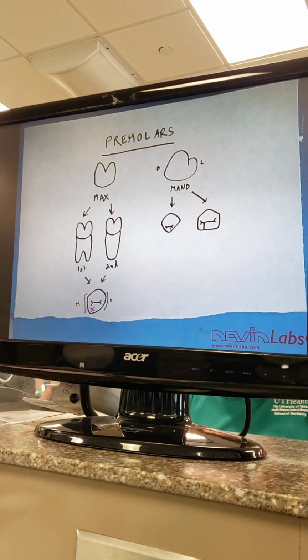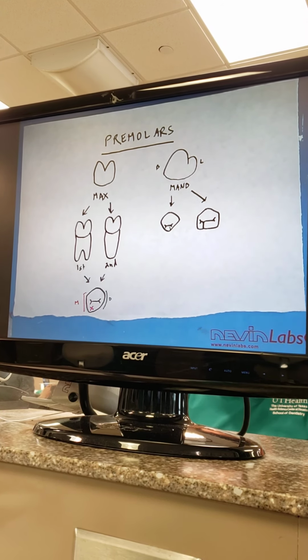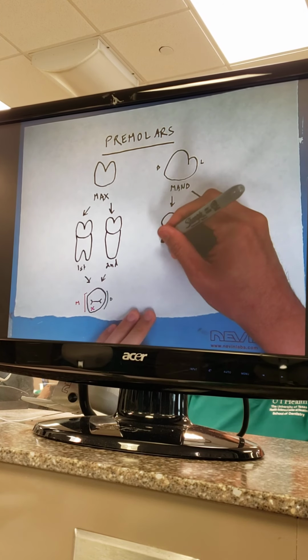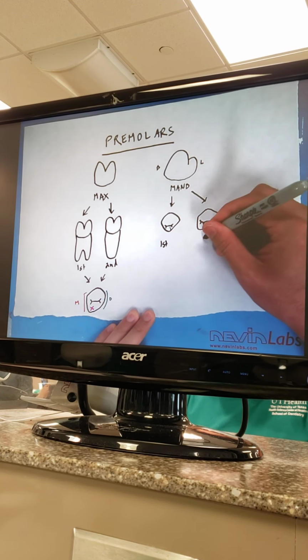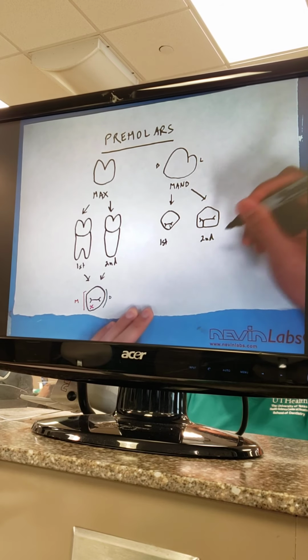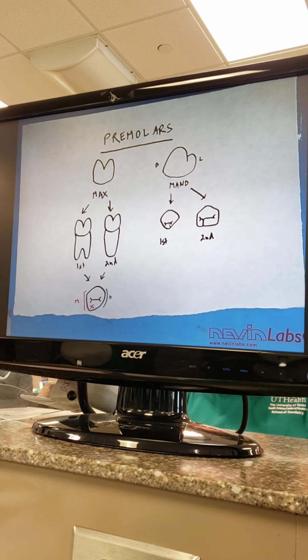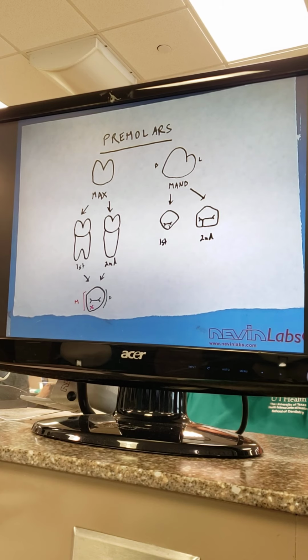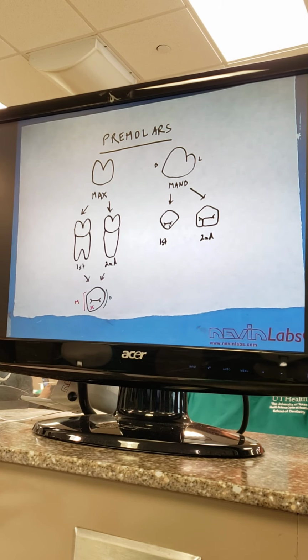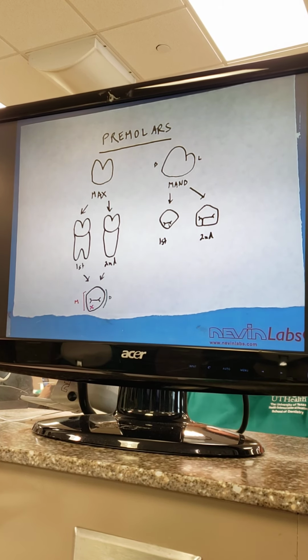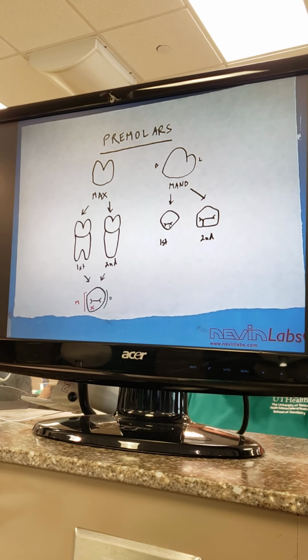Okay, so there are a number of things about the mandibulars, and the way you tell them apart is going to be the occlusal view. Okay, so this is an occlusal view. The number one thing that will pop out at you once you get used to looking at this is the number of cusps. For the purposes of this tooth ID, the first, and first always, has two cusps.